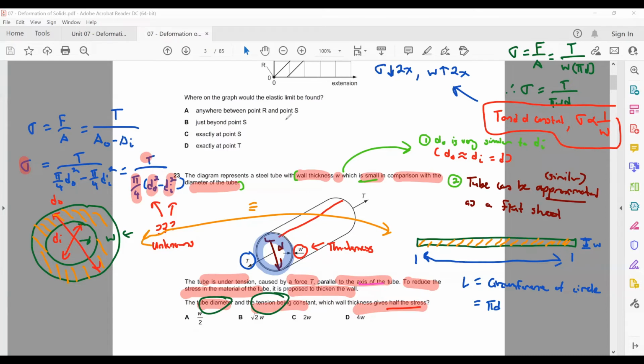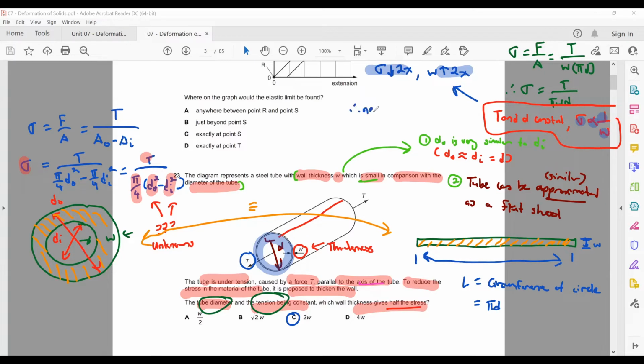Okay, you see the relation here is this. Stress is inversely proportional to width, is inversely proportional to the thickness. If stress is reduced by 2 times, that means width must increase by 2 times. Sorry, the thickness must increase by 2 times. Therefore, your new thickness is 2W.